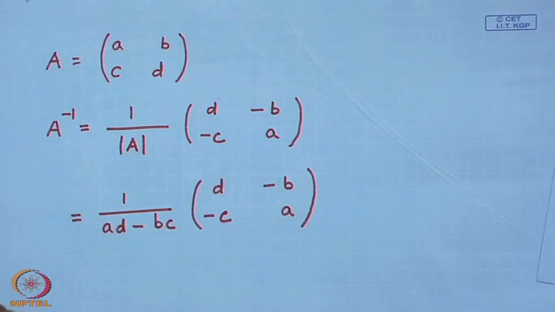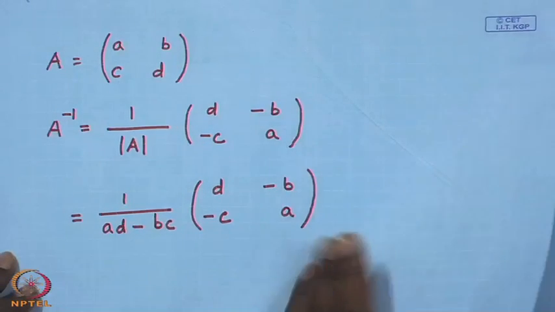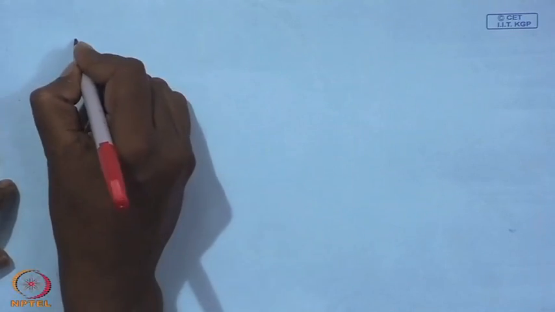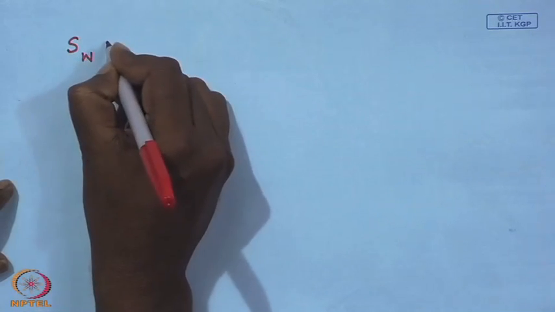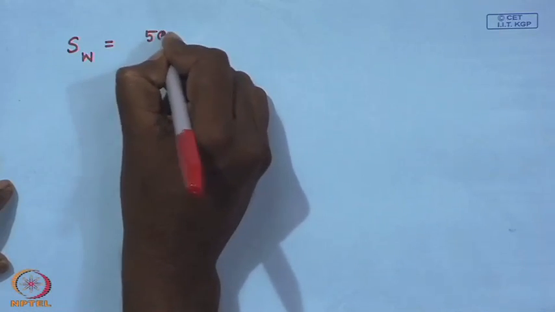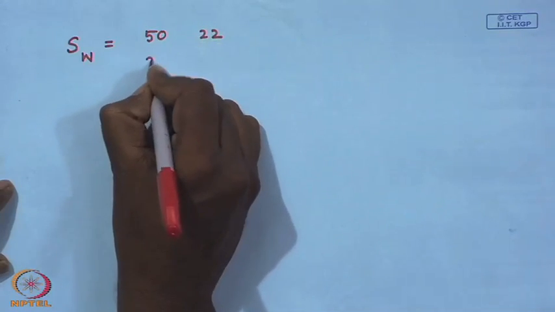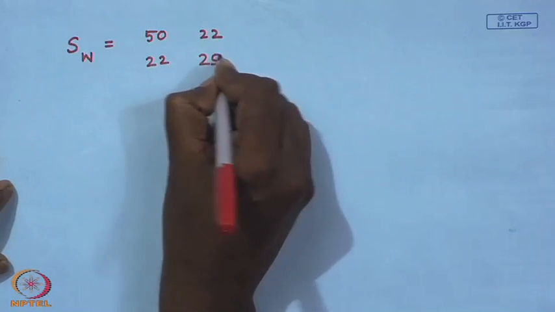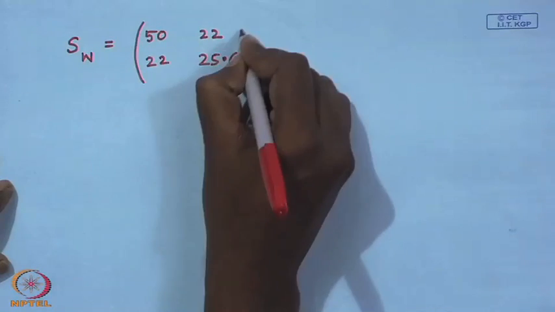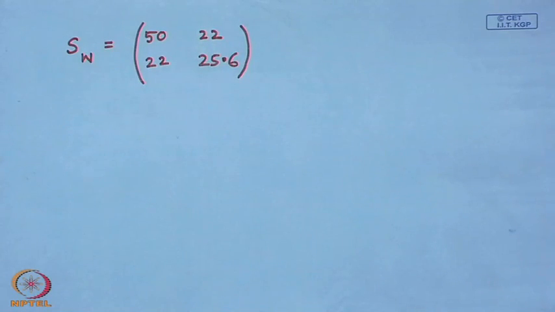So, simply by using this expression, when I know that my total within class scatter W is given by 50, 22, 22, 25.6, this is the total within class scatter, I can very easily compute the inverse of the total within class scatter, that is SW inverse.